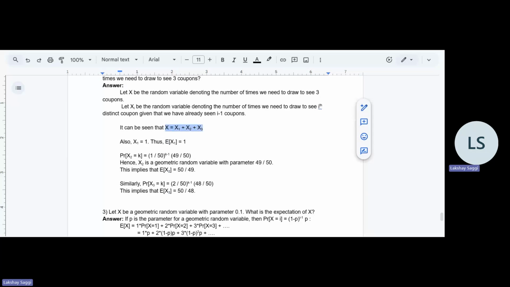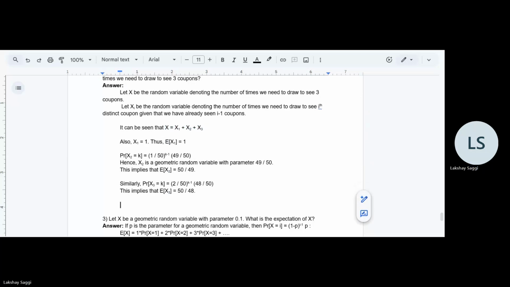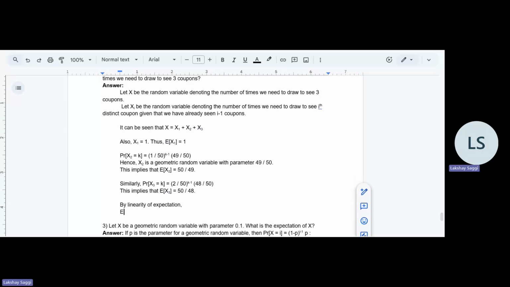By linearity of expectation, the expectation of x is just the summation of the expectations: the expectation of x1 plus the expectation of x2 plus the expectation of x3.